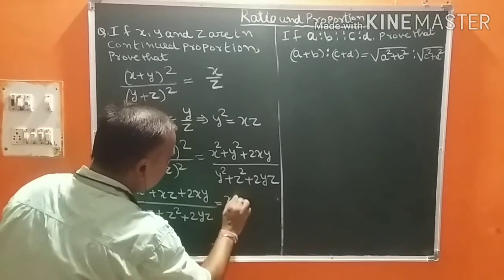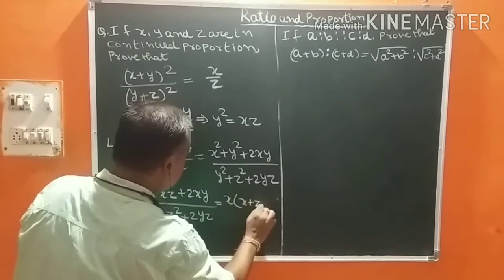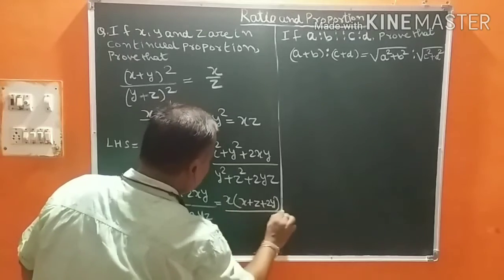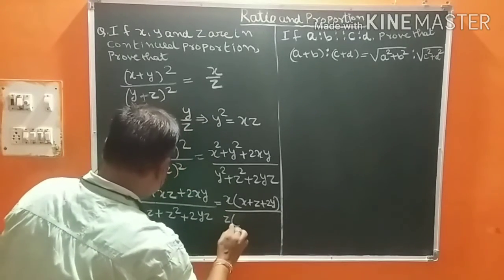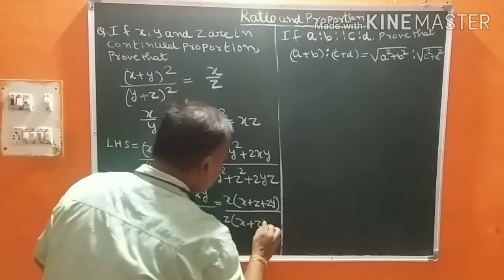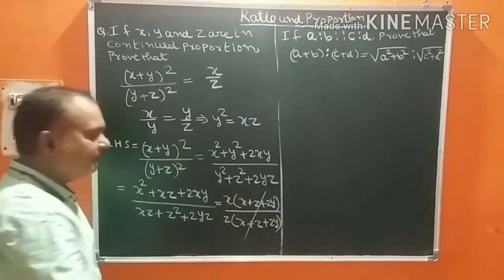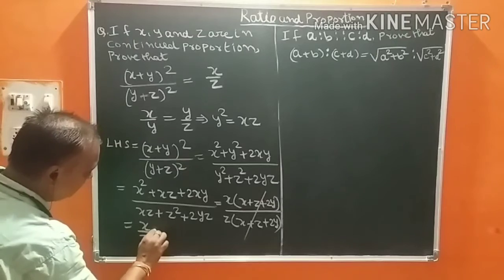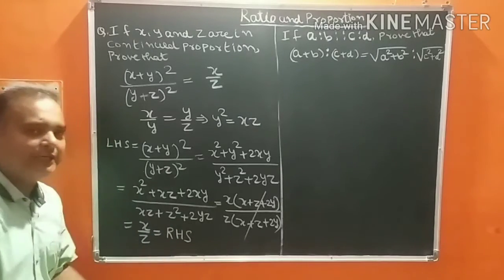So if I take x common, it will be x plus z plus 2y, and from the denominator I take common z. So it will be x plus z plus 2y. Now it will cancel out. So what is remaining? The remaining is x upon z, that is equal to our right hand side.